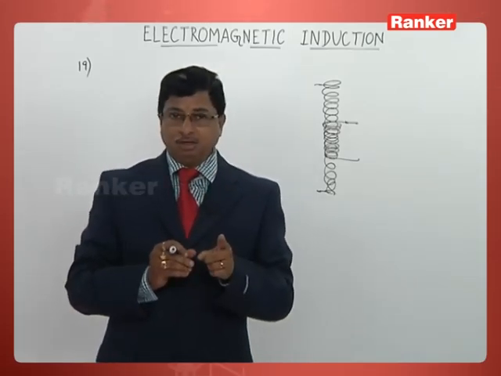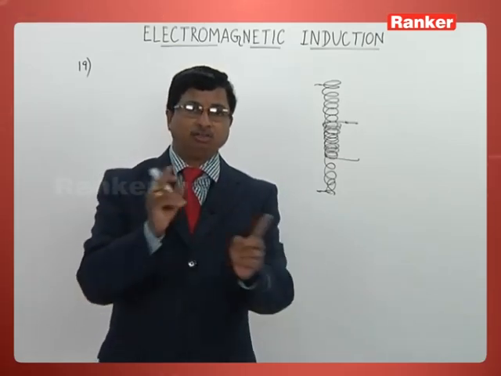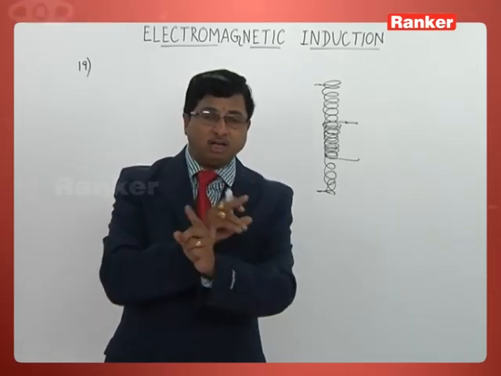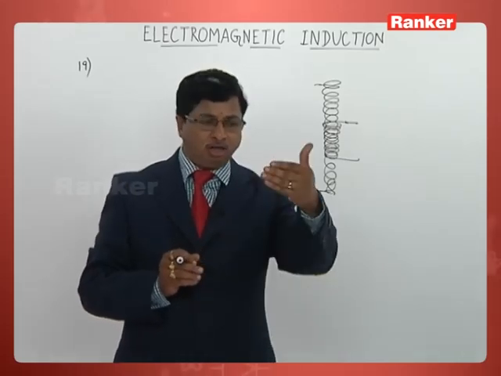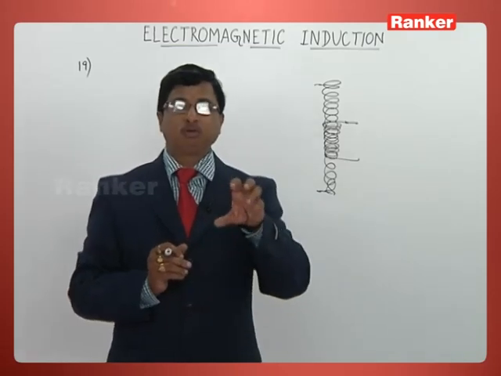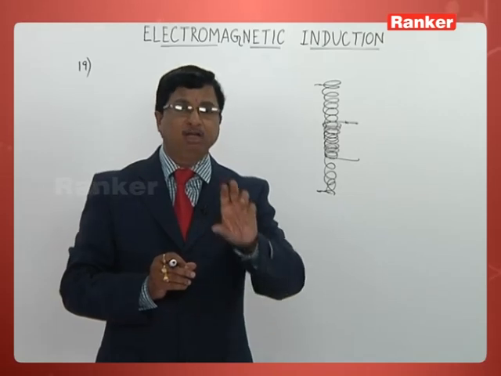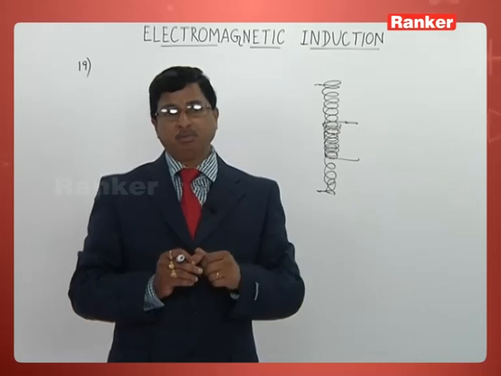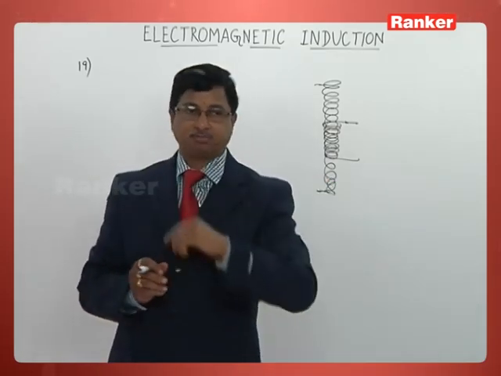Whenever the field is reversed or the current is reversed, or whenever the coil has been rotated by 180 degrees, in all the 3 different concepts, we people used to consider the value of phi to be double its value. What for we people can better understand? Initial value of phi, if I take plus phi.